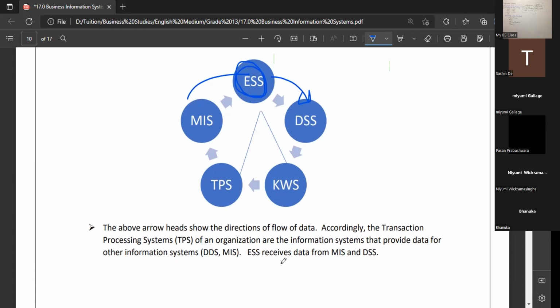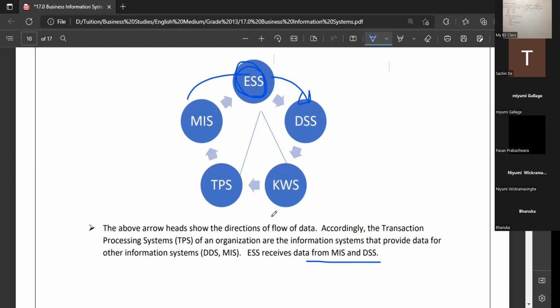So ESS receives data from MIS and DSS, because there's no chance that the TPS directly provides information to the executive system, because there's a hierarchy. CEOs don't come and check the daily sales or the daily operation in a branch. They get collective information, for example quarterly sales or maybe annual sales. That's what matters for them.